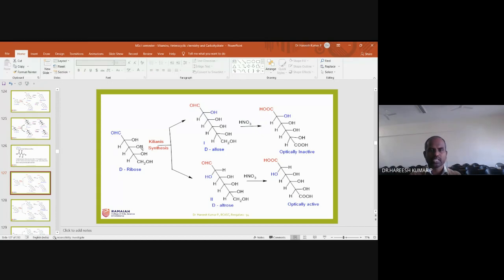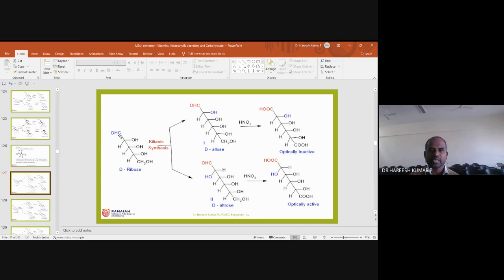So 4 OHs are on the right hand side. In the product also, OH, OH, OH, OH. 4 OH groups are on the right hand side in the allose. So in altrose also, 4 OH groups are on the right hand side. So then what is the difference? The only difference is in the second carbon atom.